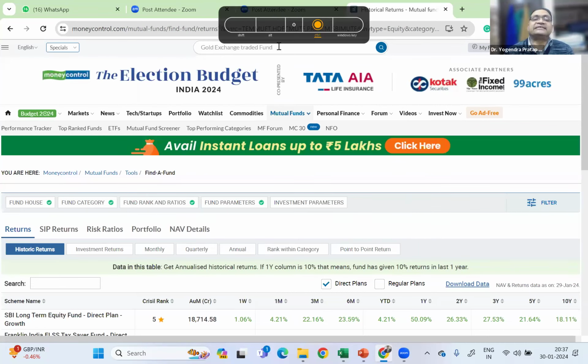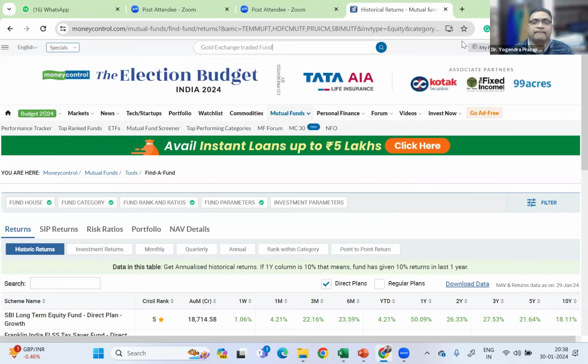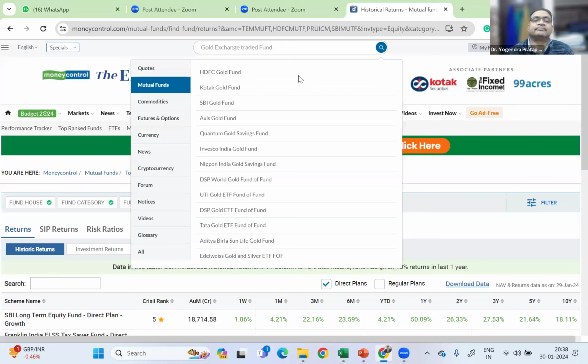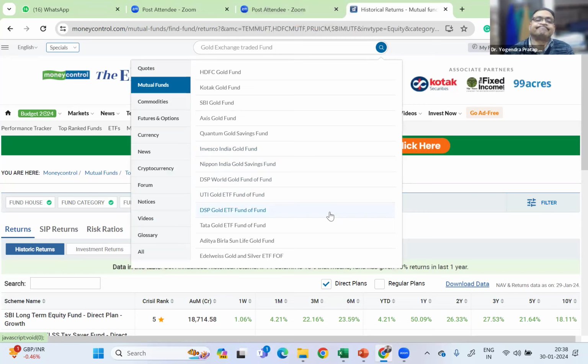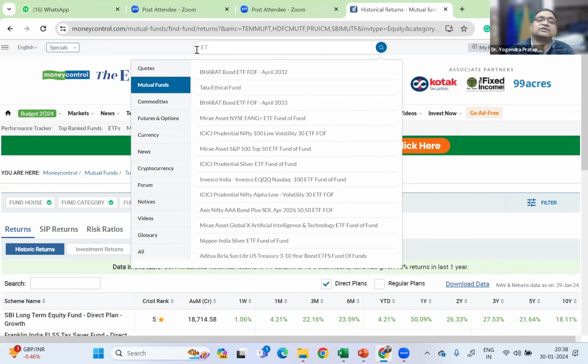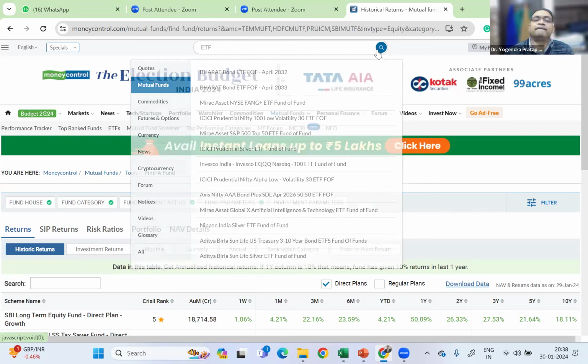Second, you can use the screener also. You just choose the ETF, exchange traded fund.